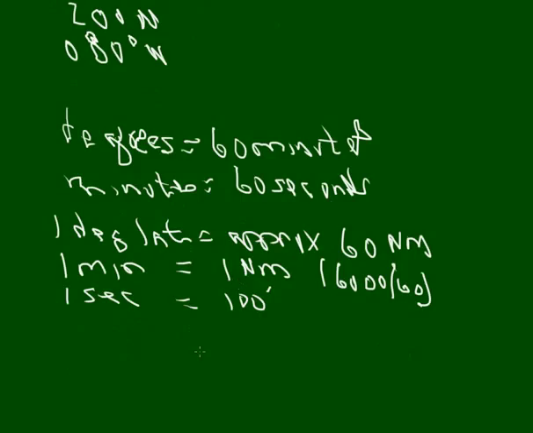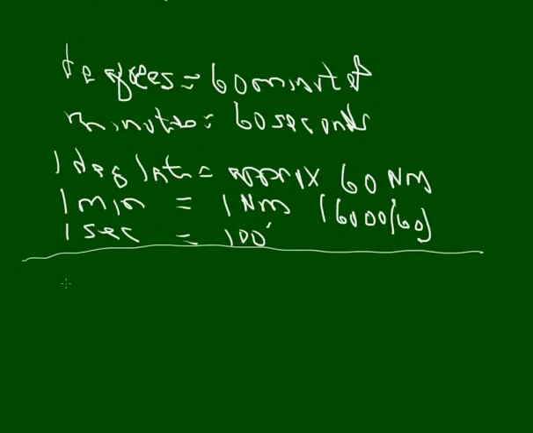Let's say we are at 20 degrees 32 minutes and 10 seconds north, and 080 degrees 15 minutes and 27 seconds west.